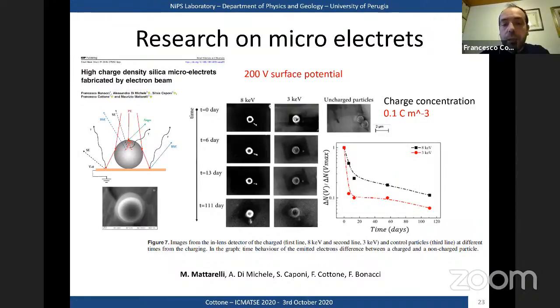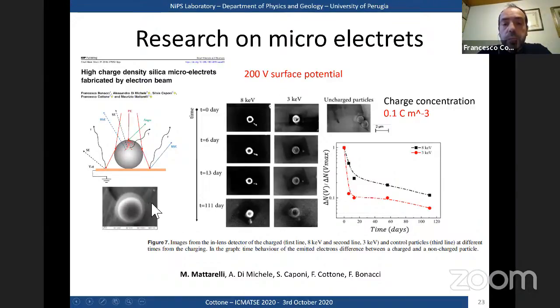You can buy them, also from Sigma Aldrich. The silica is a very nice material suitable to be an electret to store static charges. And what we have done, we studied and investigated these microspheres that are 1 micron in diameter each.